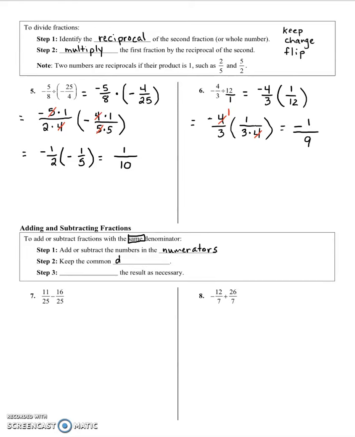And we keep the common denominator. And then we reduce or simplify the fraction if it's necessary to do so. So for this first one, if we look at 11/25 minus 16/25, okay, this is a subtraction problem.